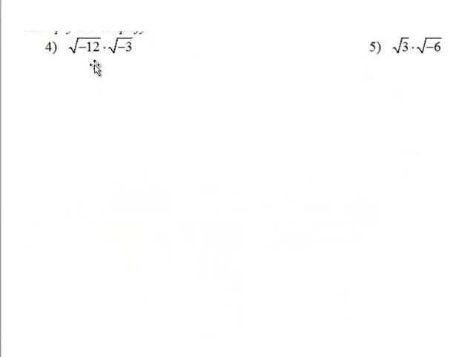Here I have the square root of negative 12 times the square root of negative 3. Here's a trick. If in the very beginning you write i times the square root of 12 times i times the square root of 3, you won't have to worry so much about falling into the black hole of this. Because this will end up as i squared, right?